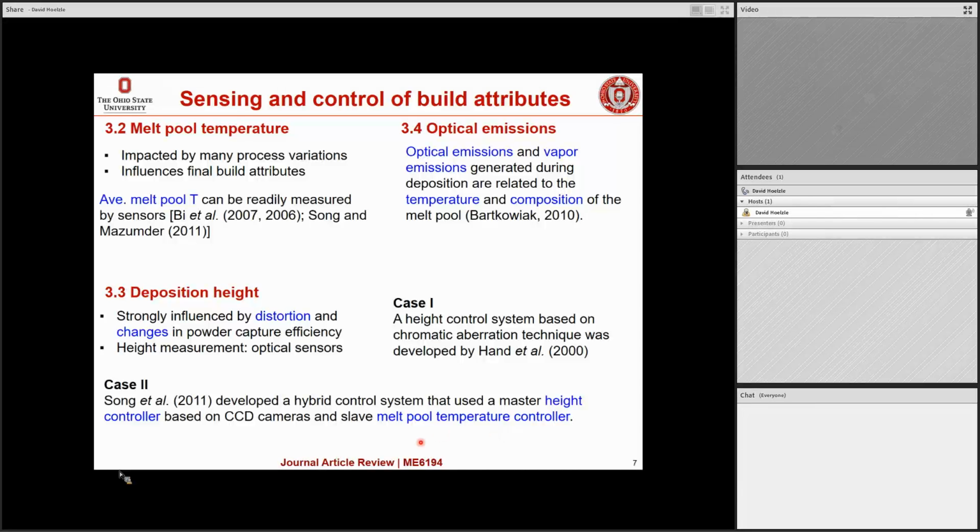When the melt pool height exceeds a certain point, the temperature control will be blocked and reduce the laser power to limit the build height. If the melt pool height is within a certain range, the laser power will vary with the melt pool temperature to give a relatively constant build height.